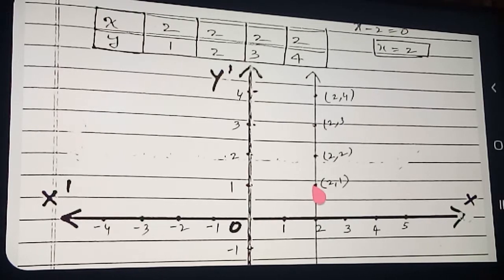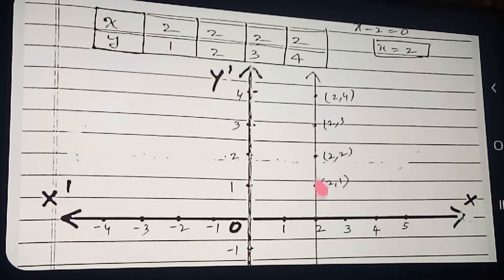Same way, x is 2, y is 2. Now x is 2, y is 3. And corresponding to x is 2, y is 4. Keep the scale on these 4 points and draw the line.